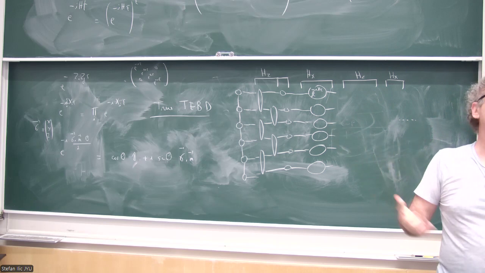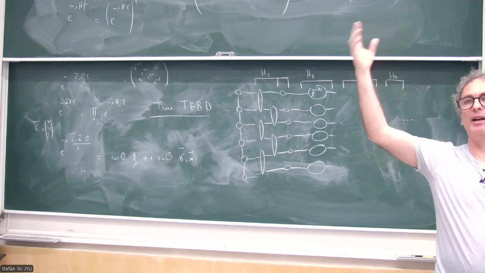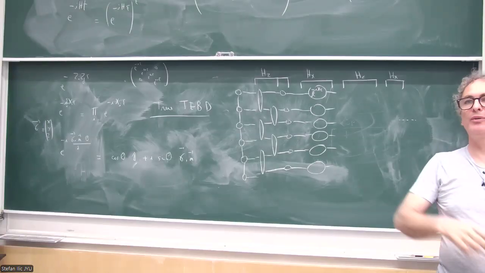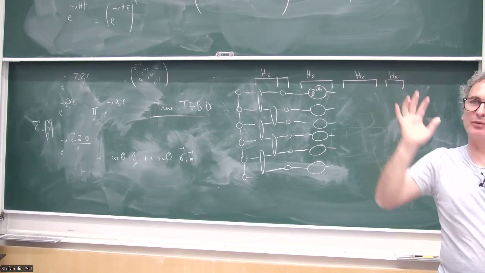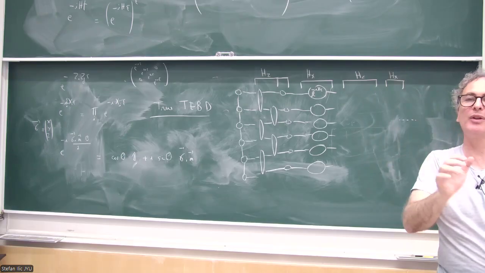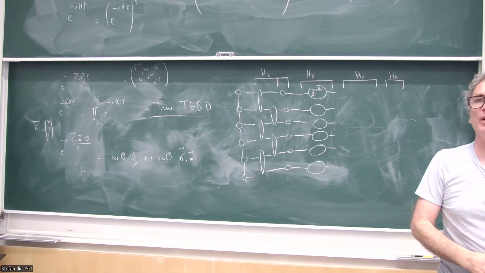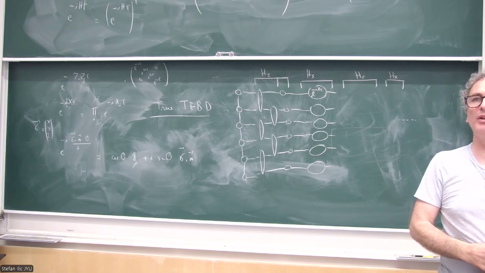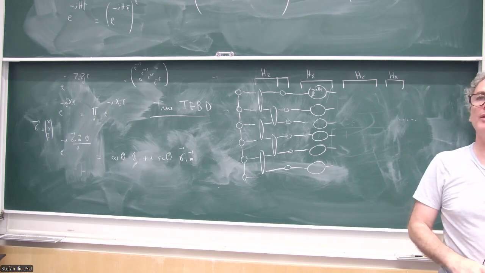And there are some people who try to mimic a Lindblad evolution by adding extra qubits, ancilla qubits, to get some sort of environment, and trying to engineer some dissipation for the qubits that you are considering. Very, very complex algorithms, but no real proof of anything in terms of speed of convergence. It's really tough. So getting the ground state or finite temperature is very, very hard on a quantum computer.